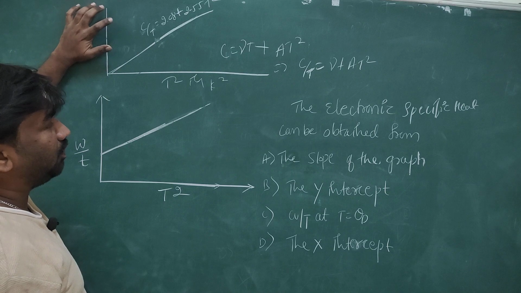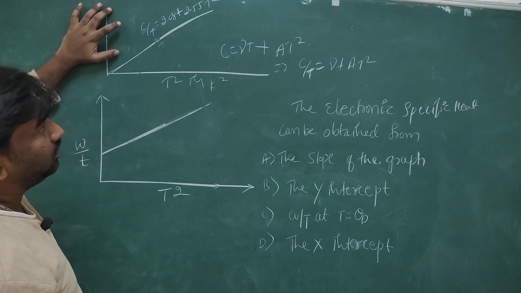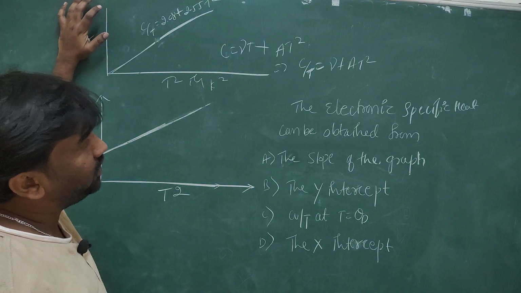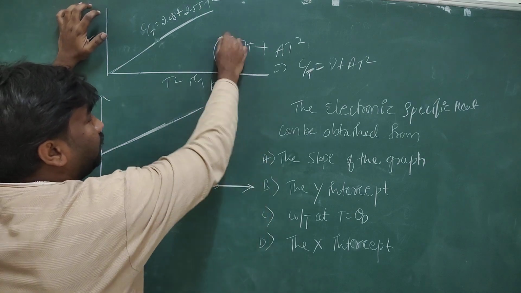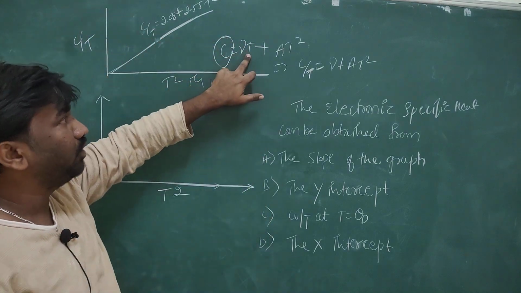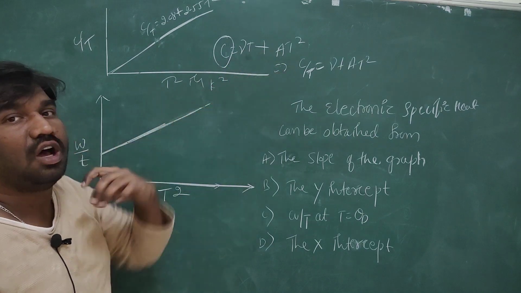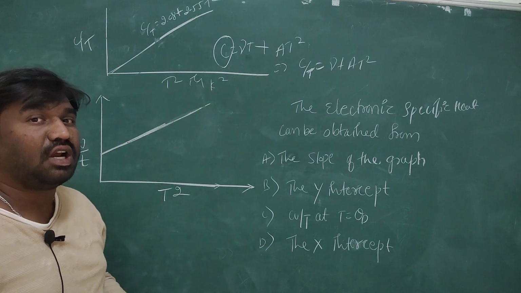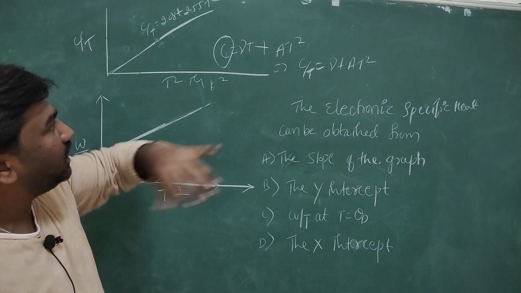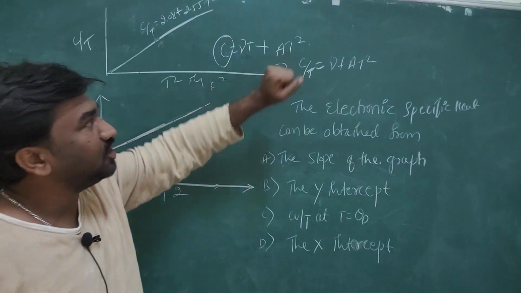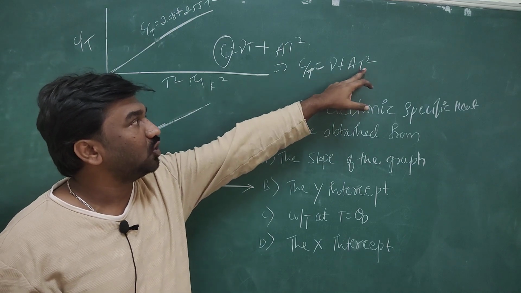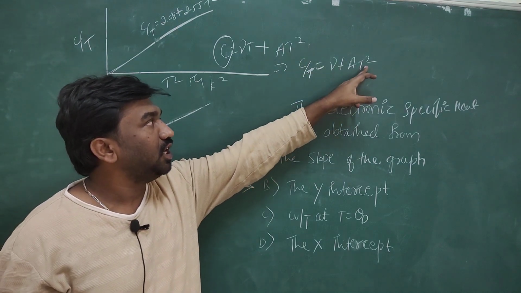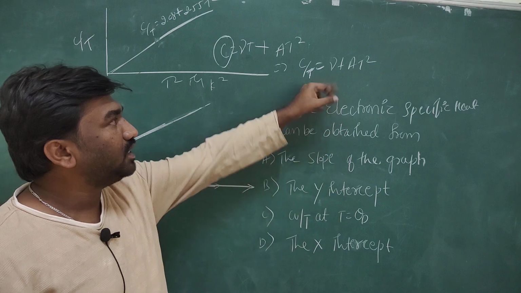This is an example for potassium that I am taking. Actually, the specific heat is obtained by the sum of the electronic and phonon contributions. So, C is equal to gamma T plus A T square, or C by T is equal to gamma plus A T square. C by T is linear in T square, where gamma is the intercept.